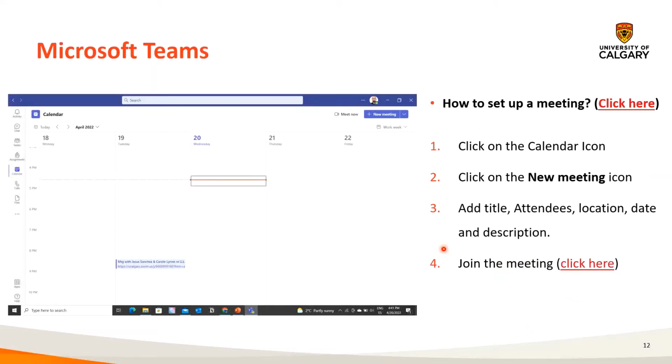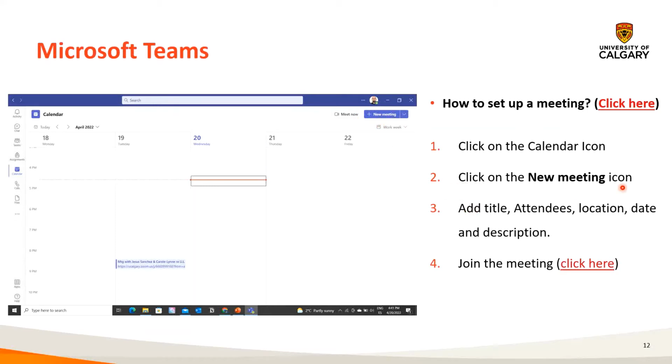And this is how Microsoft Teams looks when we want to set up a meeting. If we click on the Microsoft Teams icon on your desktop computer or laptop, a window like this would show up on your screen, and you have to click on the calendar, and then if you look at the top right corner, you will see an icon called New Meeting.